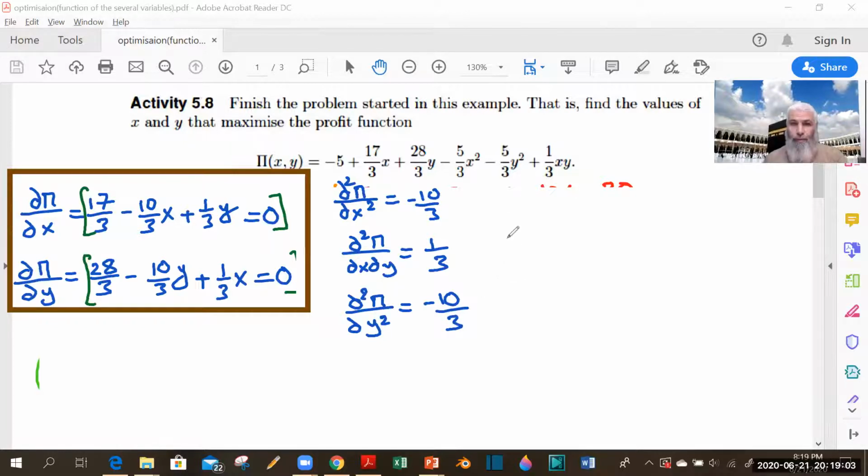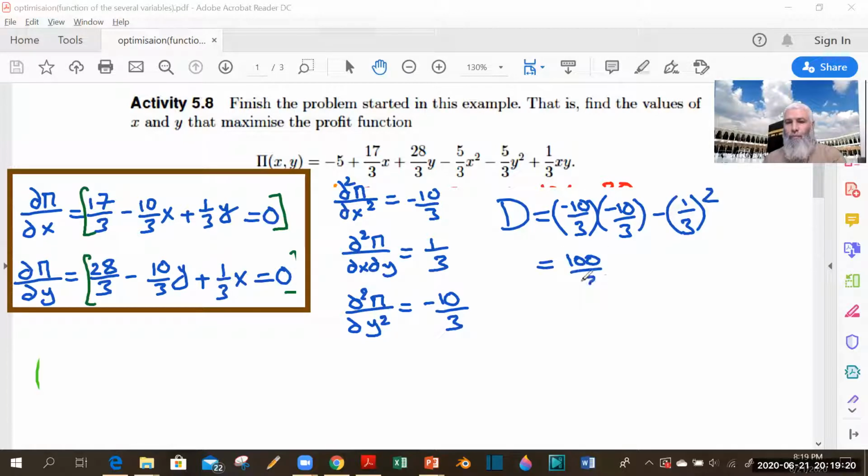So we need to multiply. D is equal to what? Negative 10 over 3 multiplied by negative 10 over 3 minus 1 over 3 squared. So it equals 100 over 9 minus 1 over 9. So it would be 99 over 9, and it equals 11. So this is greater than 0, so this point could be a minimum or maximum, right?